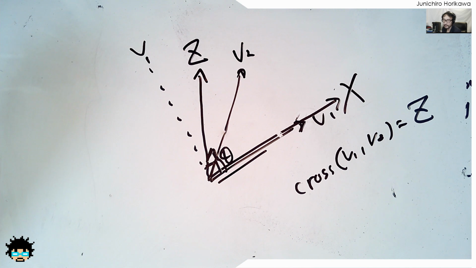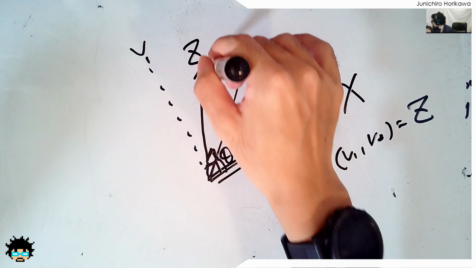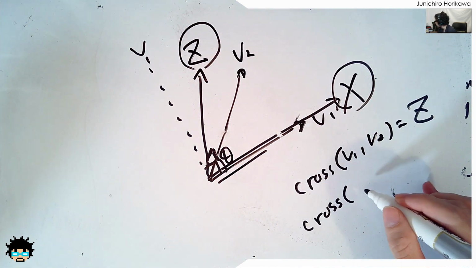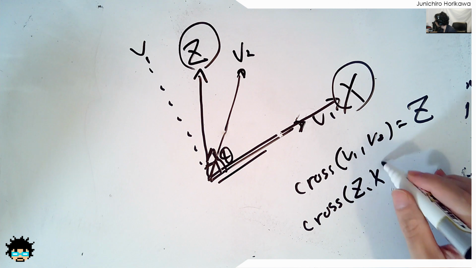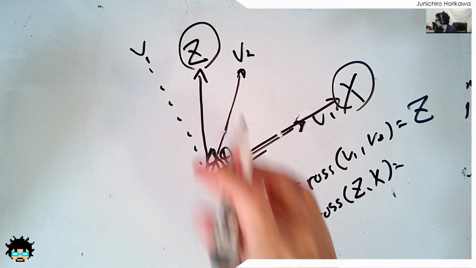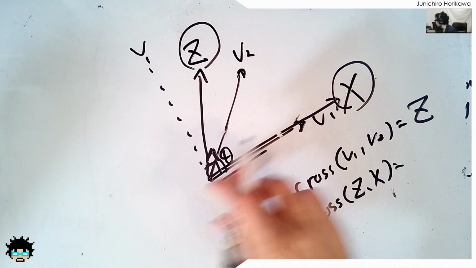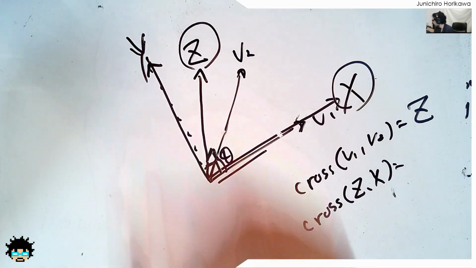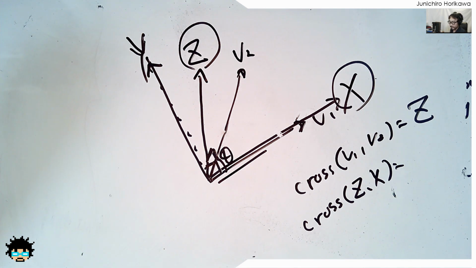After we have this perpendicular vector for the z-axis, we use z and x to calculate another cross product, z cross x, and as a result, you get another perpendicular vector for z and x, and that is equivalent to this y-axis, right?